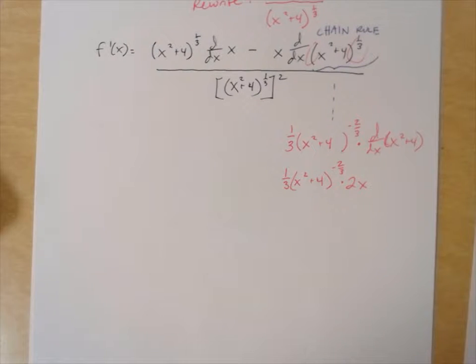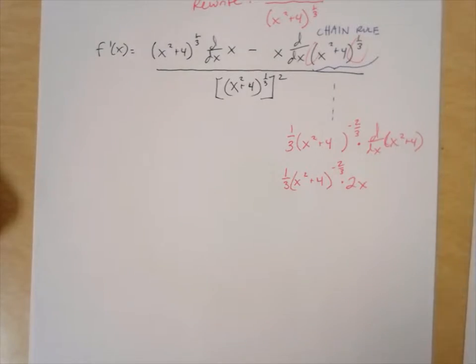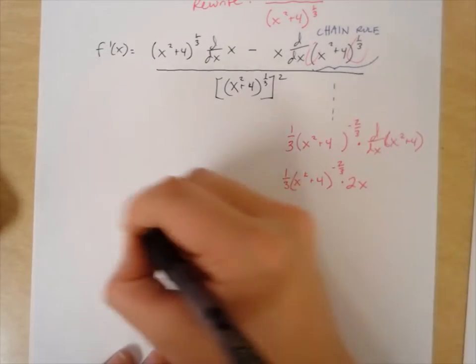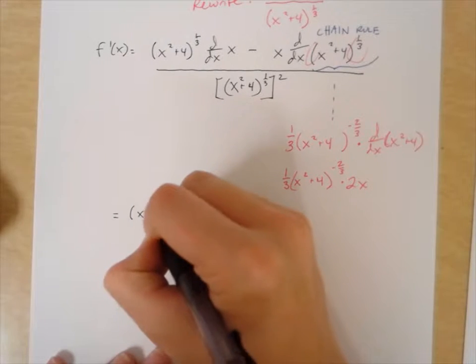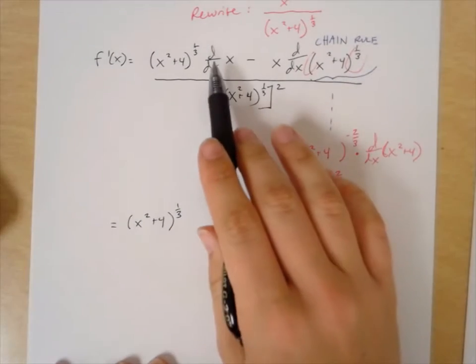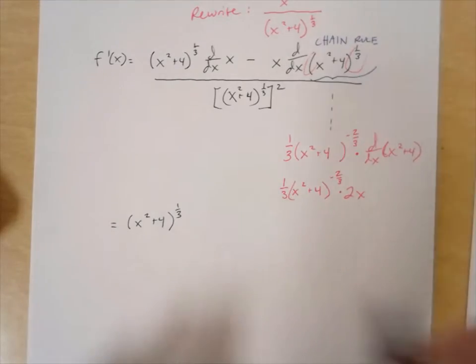What I'm going to need to do from this point onward is put this back into my original derivative that I was starting. So we can say over here that we still have x squared plus 4 to the 1/3. And if we take the derivative of x, we would get just 1, so nothing else happens there.